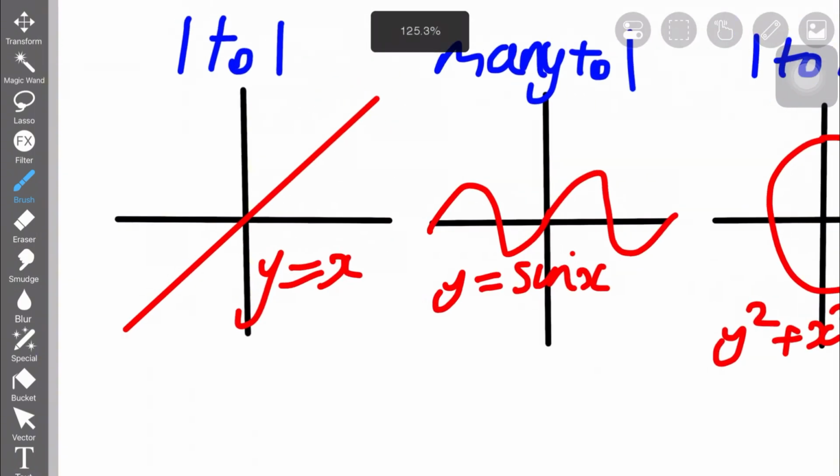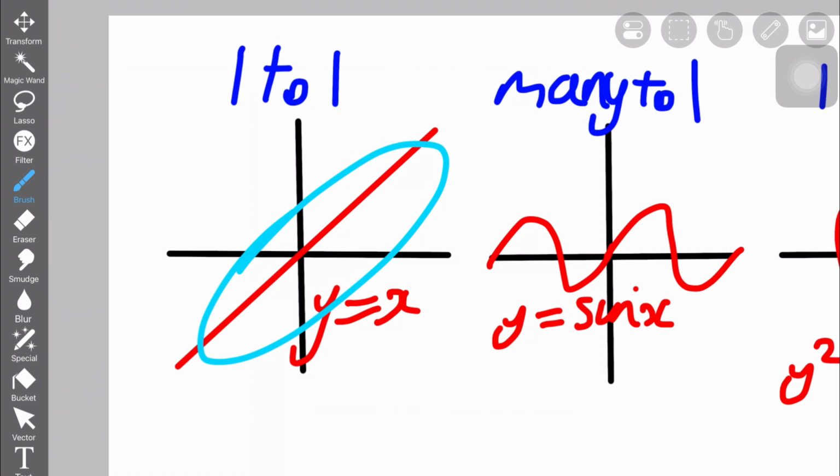More importantly, after the domain, we have range. Range is the opposite of domain.